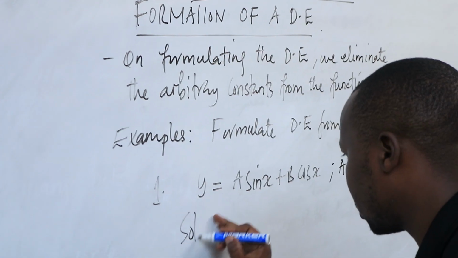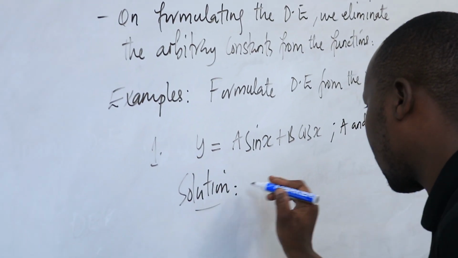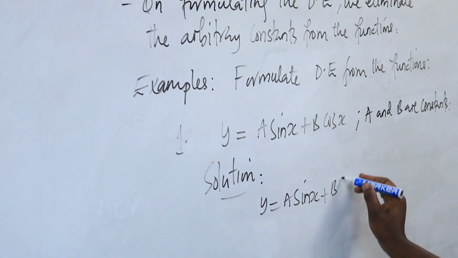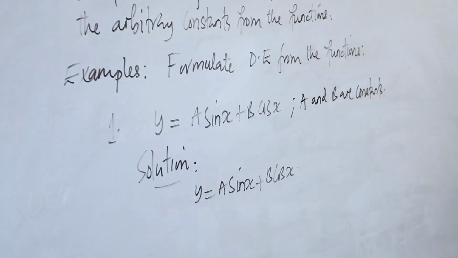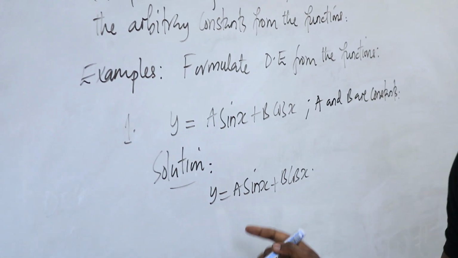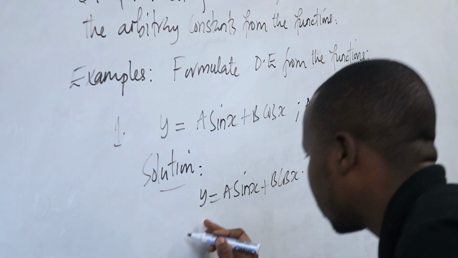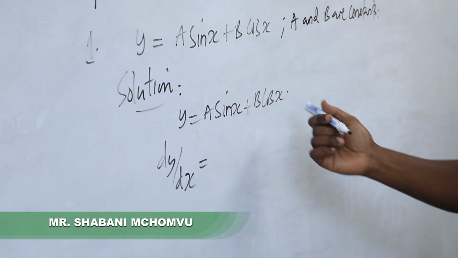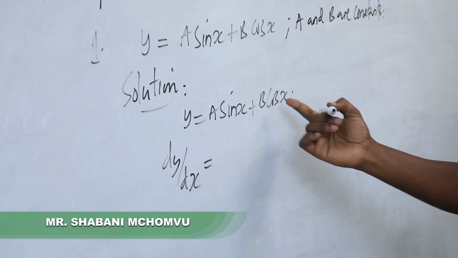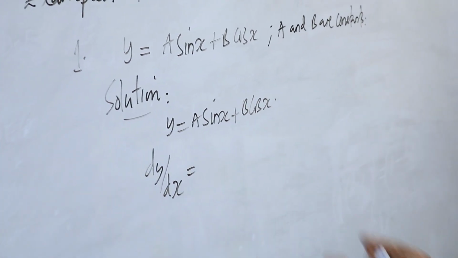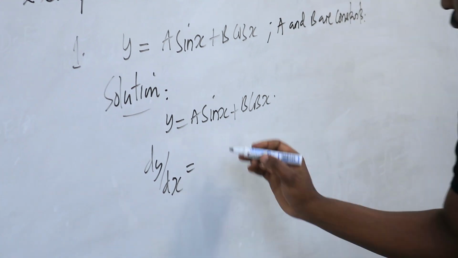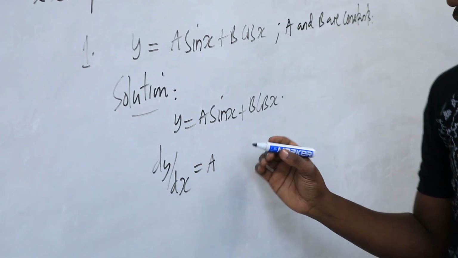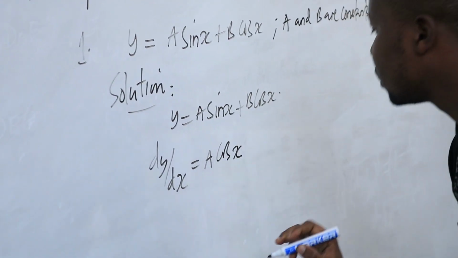So solution, from y equals a sine of x plus b cosine of x, we can differentiate for the first time with respect to x. So here dy/dx equals, we differentiate normally because we don't involve an independent variable other than x. So here we keep constant a; when we differentiate sine, we get the cosine of x.